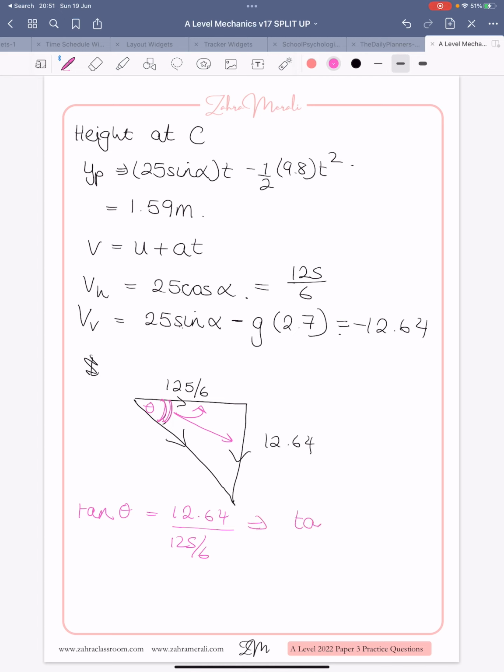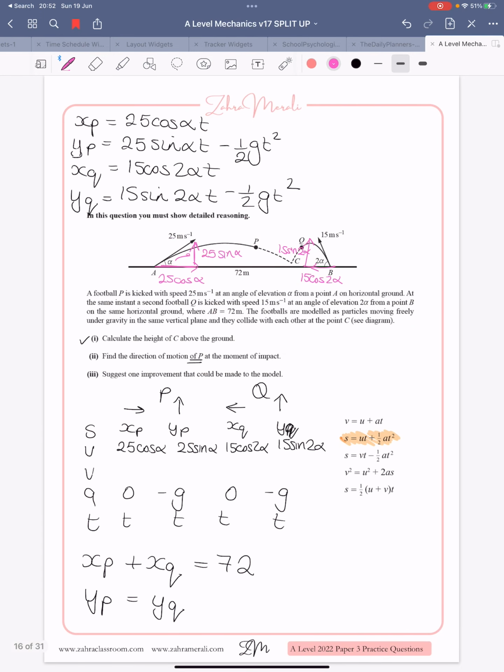So theta equals inverse tan of 12.64 over 125 over 6, which gives me 31.2. So when I'm writing my answer, I'm describing that as below the horizontal. The direction of motion is going to be 31.2 degrees below the horizontal.